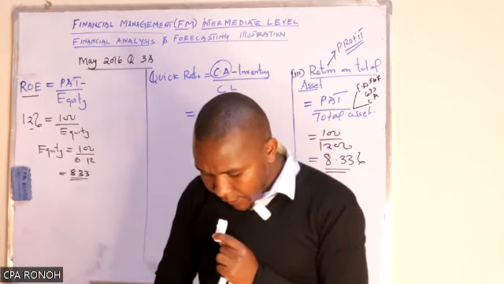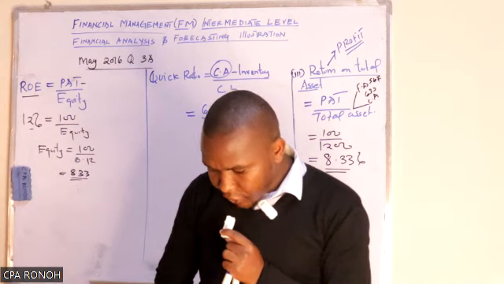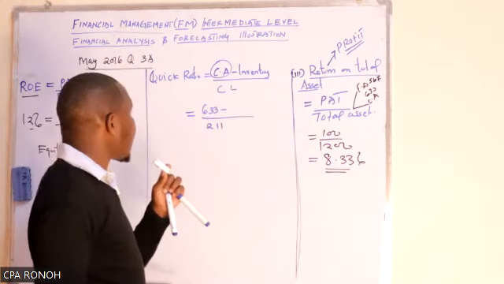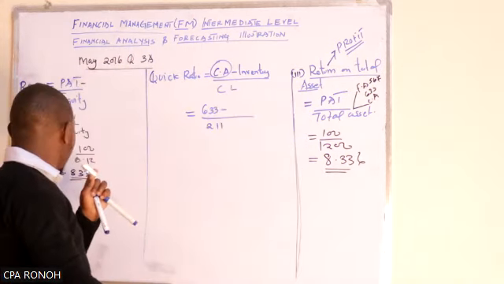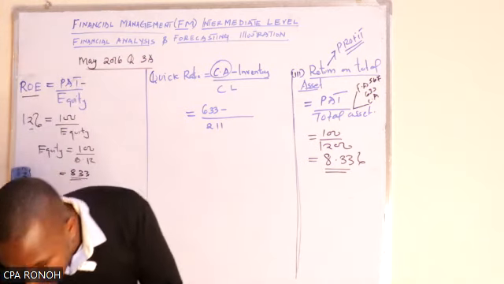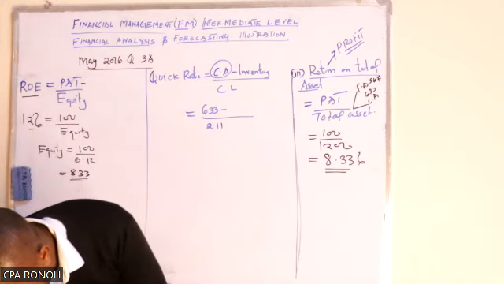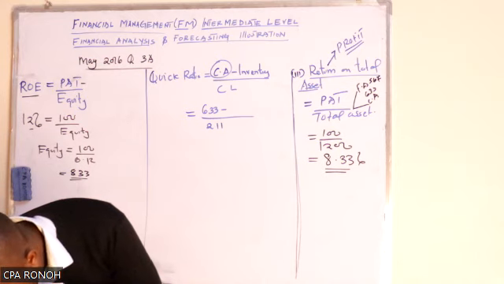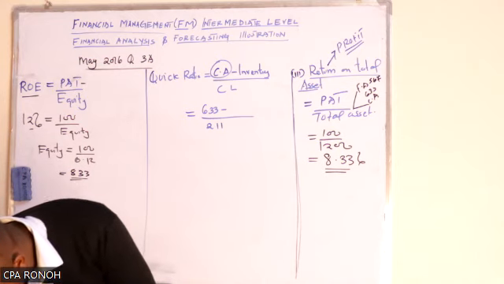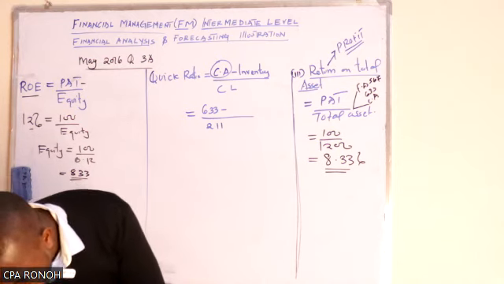Let's find out which we have, the current stock. We don't have the current stock here. They have not given us the current stock.